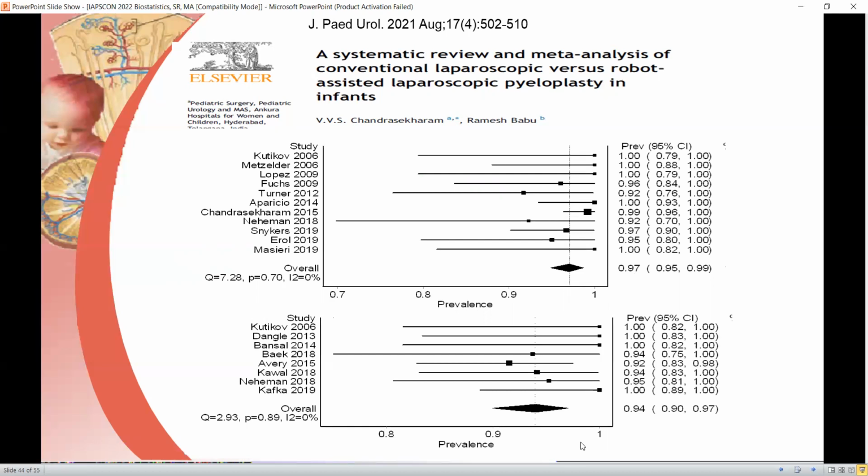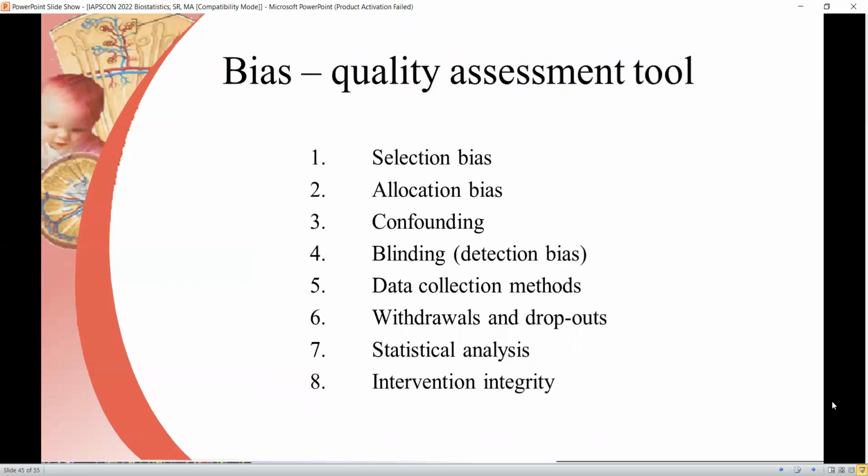These are two different groups, but we are comparing this 97 and 94. Here the heterogeneity is low, which means they are all very similar. All the values are lying very close to here. The forest plot gives a very clear picture and a very good summary of all the articles you have compared.